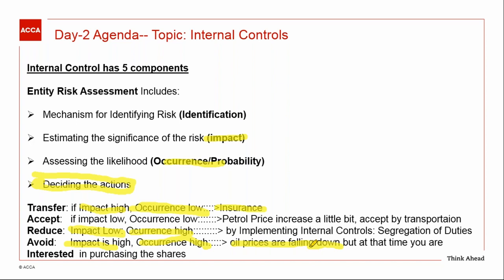So how can you buy the shares? It will give you a loss. So obviously in this scenario you will avoid the risk, when you definitely know that you are going to be in a big mess. So these are all the four strategies of the entity risk assessment.